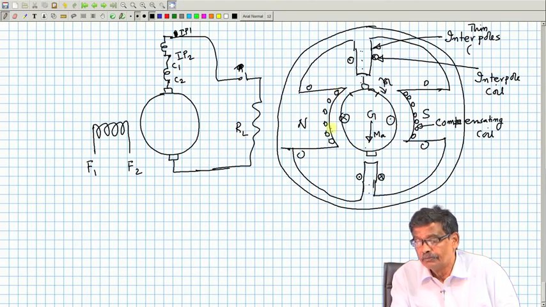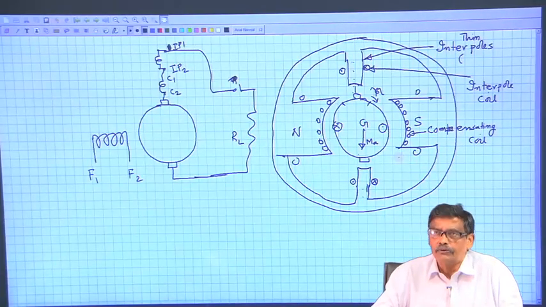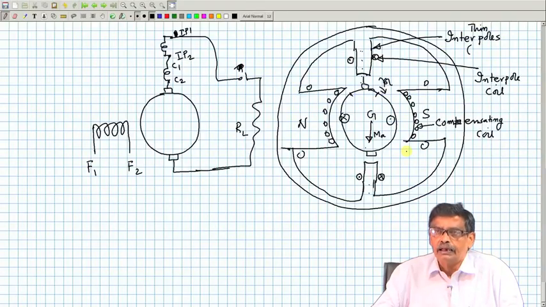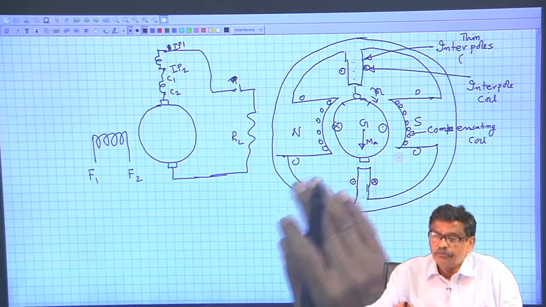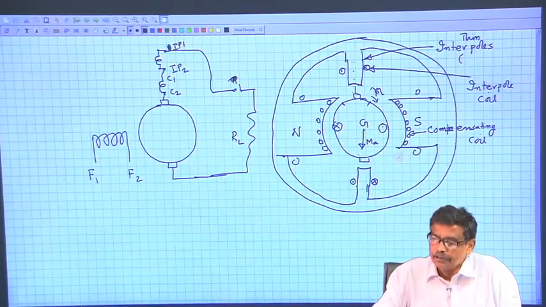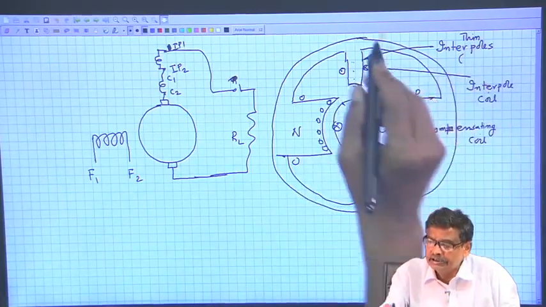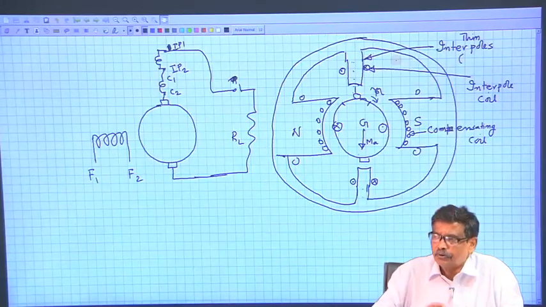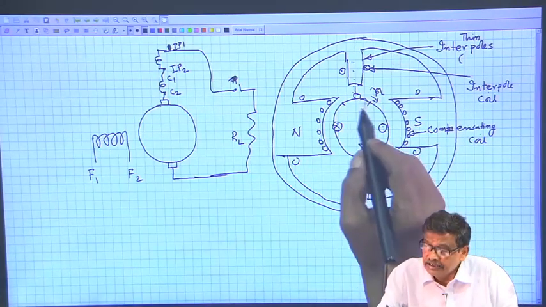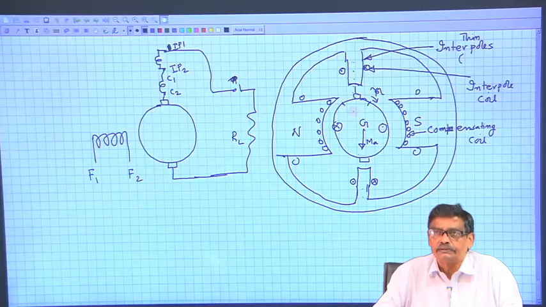Compensating coil will be pole phase coil, and also, if you have enough money, then go for an almost fully compensated DC machine, having both compensating coil and also thin interpoles, to nullify the effect of armature reaction. That is what I am to tell.